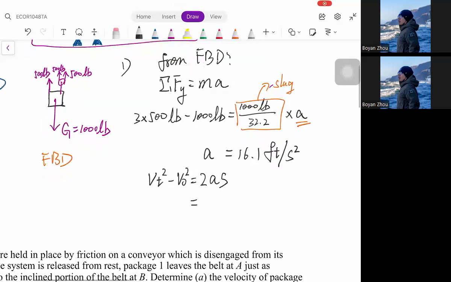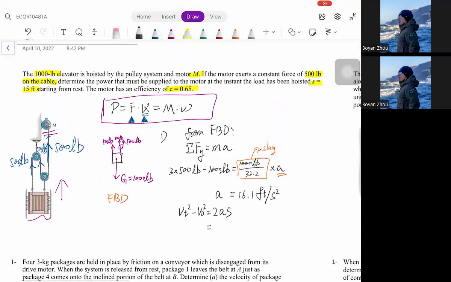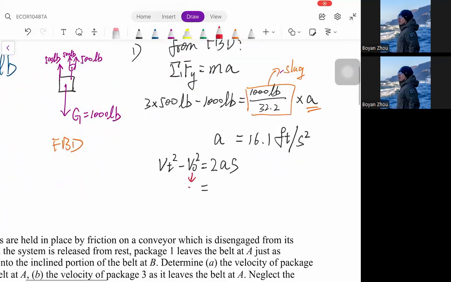At the very beginning, the elevator is starting from rest, so the initial velocity goes to 0, and the final velocity is the unknown we're looking for.